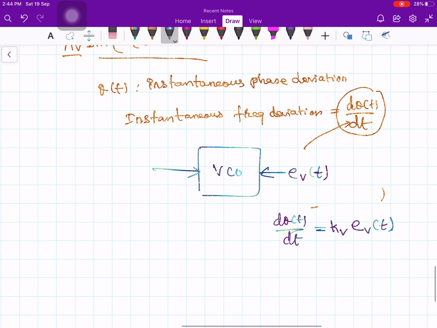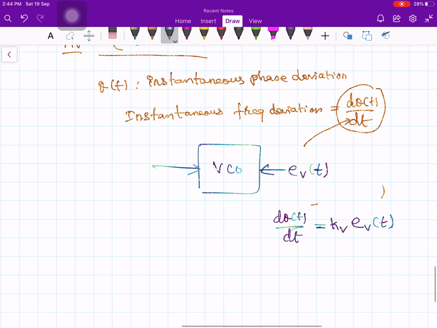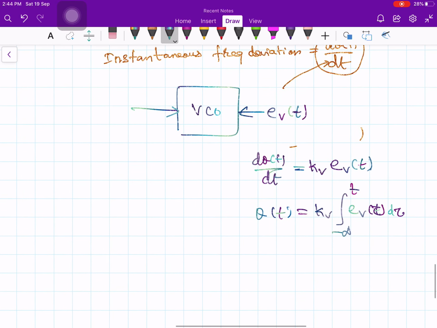Now if you want to model the phase itself, then theta of t is equal to kV times the integral from minus infinity to t of E suffix V of tau d tau. So these are the two equations, let me call them equation A and equation B. These are the two equations which will model the voltage controlled oscillator.